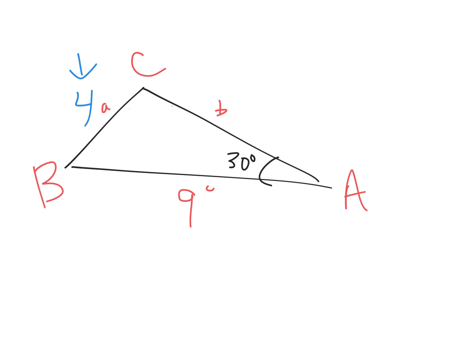All right, I would like you to work with your partner, the person right next to you, and use the law of sines. And you can use your calculator to solve this problem. And then if I feel like you guys are getting stuck, I'll jump in and help.